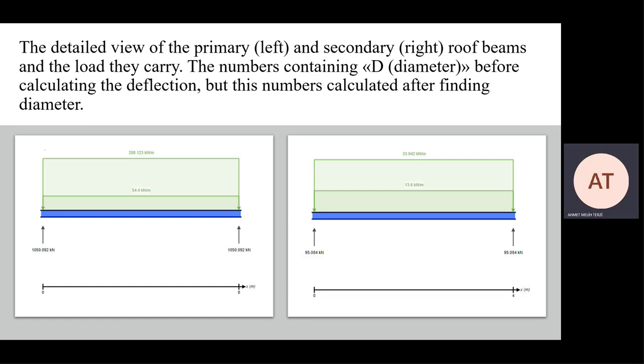That is the live loads acting, and that is the dead loads acting on the beam. These are the reaction forces, and the length of the beam is shown here, 4 meters, 8 meters.